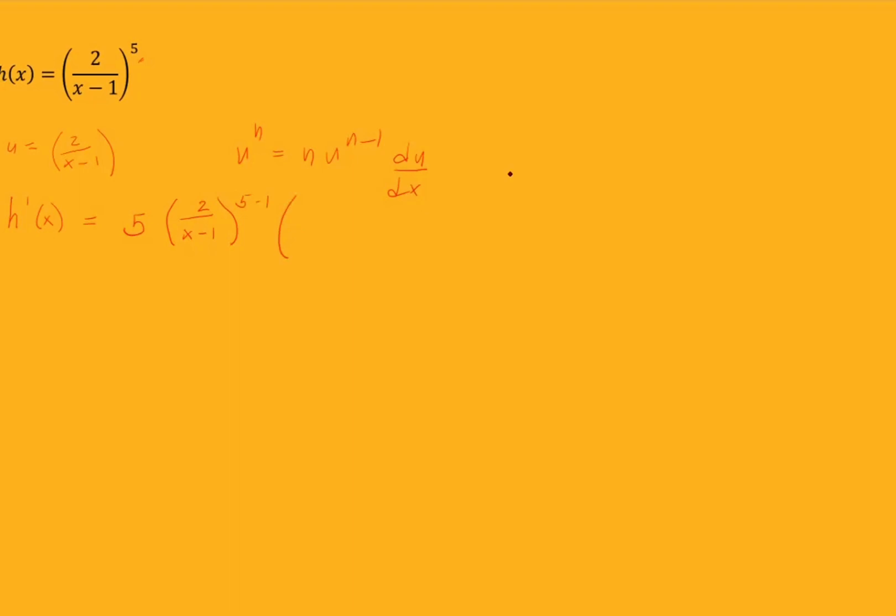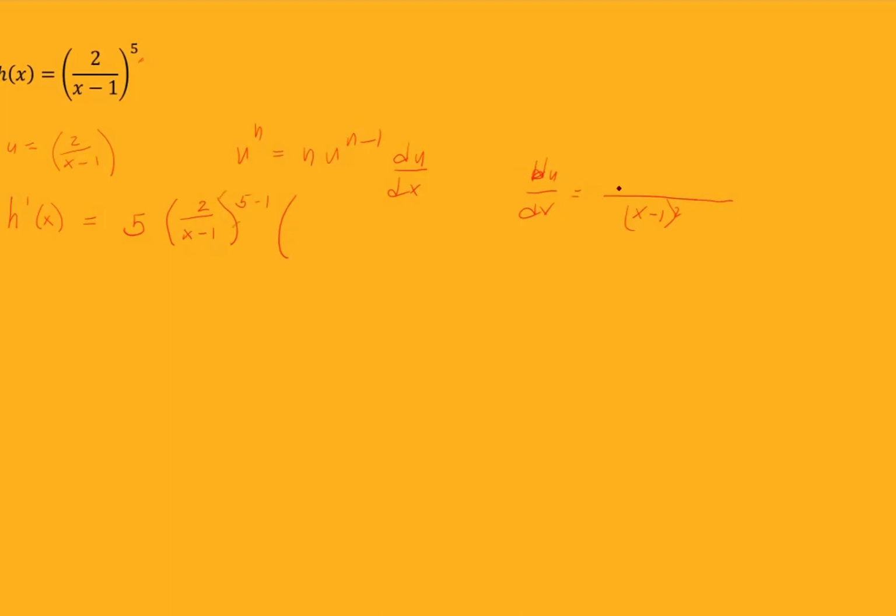So you can find the derivative of your u with respect to x. Here you're going to use the quotient rule. So x minus 1 squared. This is our f of x and this is our g of x.